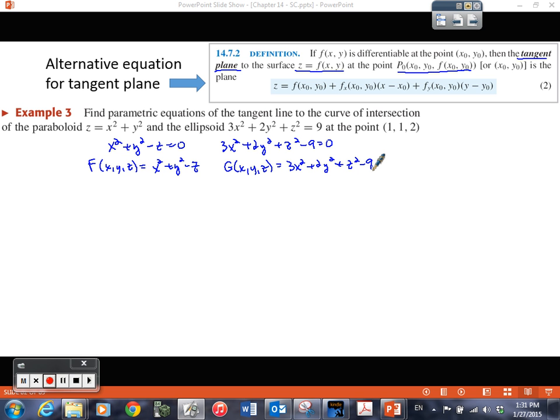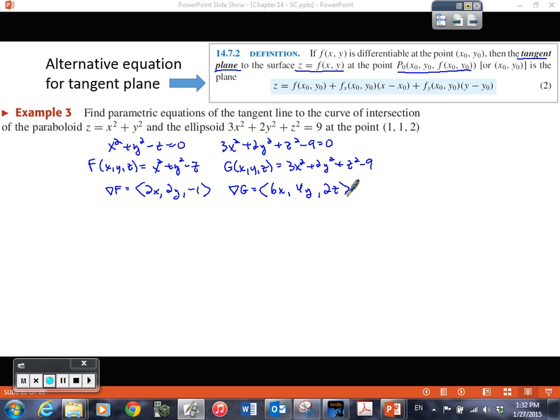So let's find the gradients of each of these surfaces. The gradient of f is the partial derivative in x, the partial derivative in y, and the partial derivative in z. Let's calculate our gradient for g: again, partial derivative in x, partial derivative in y, and partial derivative in z.